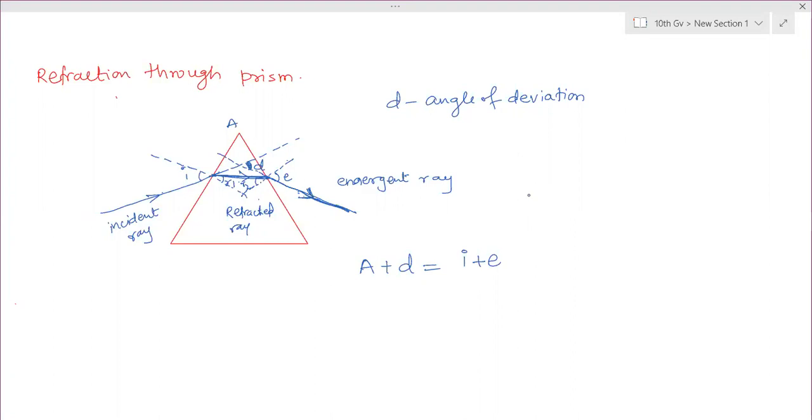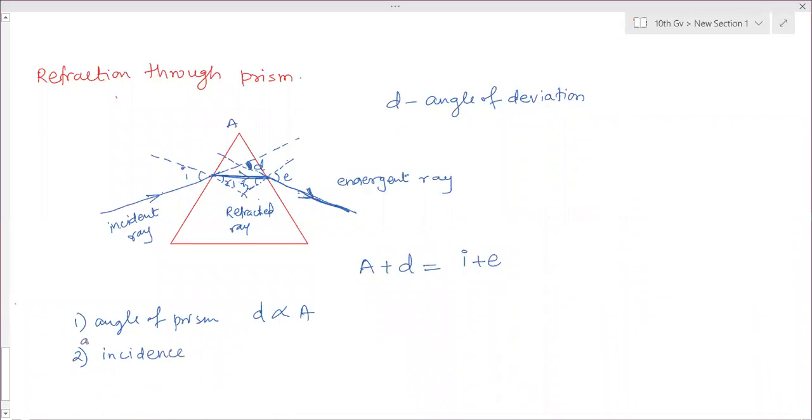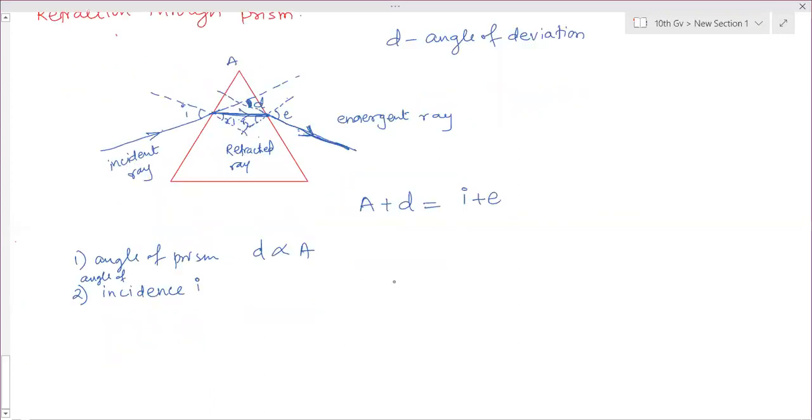Second one, D is directly proportional to A. Second one, angle of incidence I. For I, this graph is followed. Ma'am, in this diagram, where is A? Angle of prism.